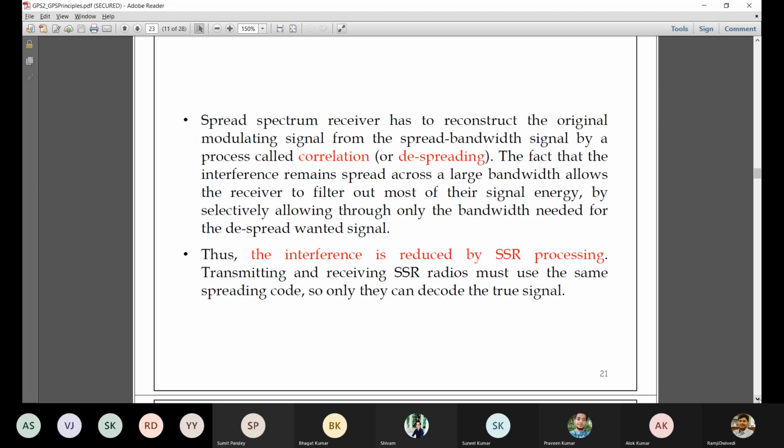And since every satellite has a unique gold code, that receiver knows it can generate a replica of the signal coming from the satellite. That process of correlating the two signals, one is the original, another one is the replica, is called correlation or autocorrelation.